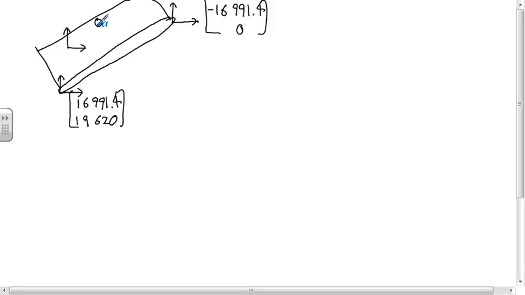So what's the distributed load? I should have drawn this differently. Let me draw it like this first of all. So right now, this distributed load is just entirely vertical, right? What's the magnitude of that distributed load, or how do we calculate it?